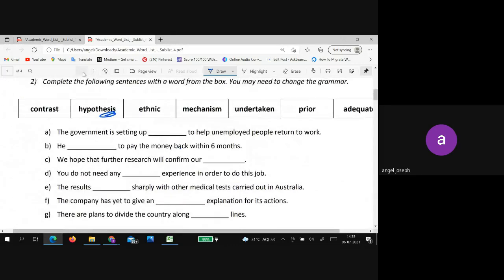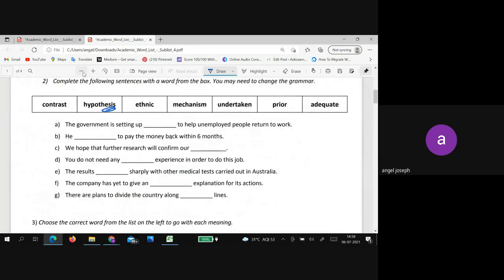I'll make it a little smaller. The government is setting up a mechanism. He dash to pay the money back within 6 months. Whichever word you put, the word's form will change.